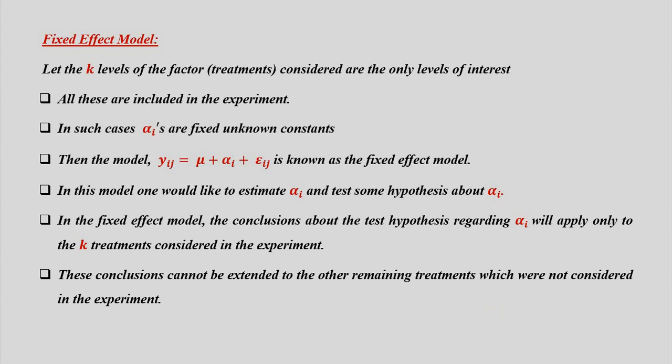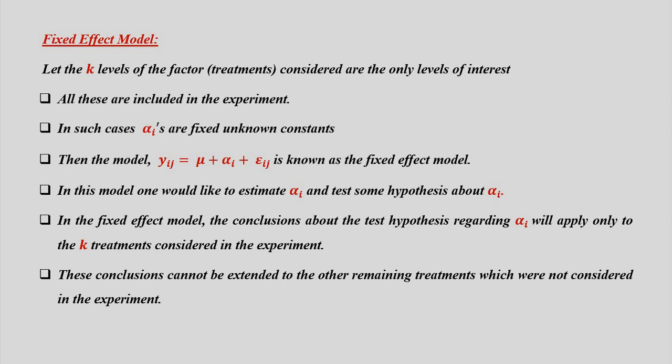Now the fixed effect model. Let the k levels of the factor or treatments considered be the only levels of interest. All these are included in the experiment. In such cases, alpha i's are fixed unknown constants. Then the model Yij equal to mu plus alpha i plus epsilon ij is known as the fixed effect model.